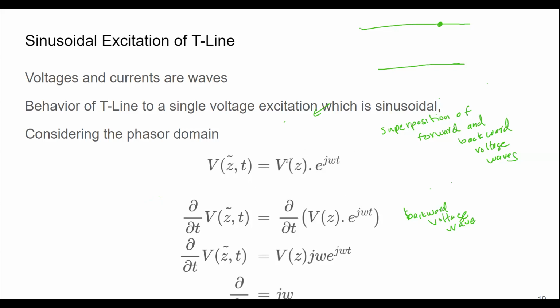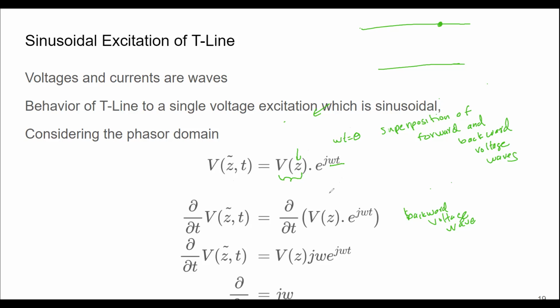So we denote the voltage as the magnitude of the voltage at a certain location z times the exponential of the angle, or the phase shift of the wave, right? So omega t gives the angle of the wave that is propagating. So it gives us the phase shift of the wave, right?